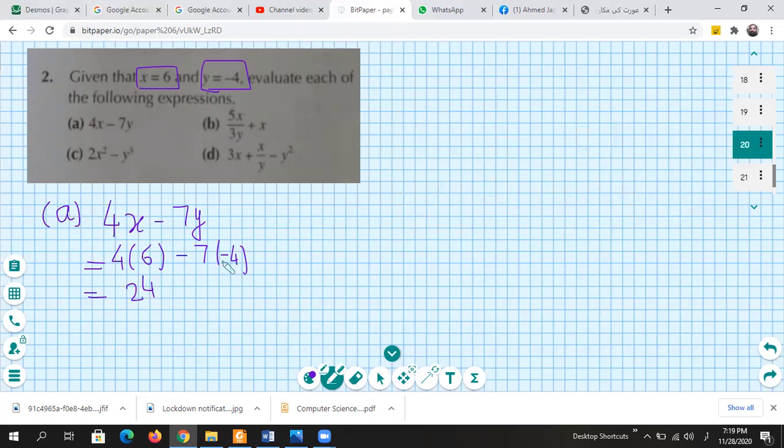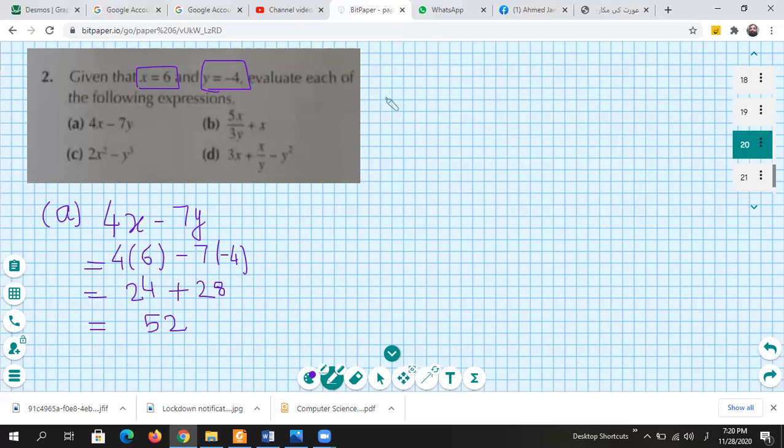Whereas minus into minus, we know that negative into negative gives you positive, or plus. And 7 fours are 28. So when the signs are the same, we add. So 24 plus 28 gives you 52. So this is your answer of part A.